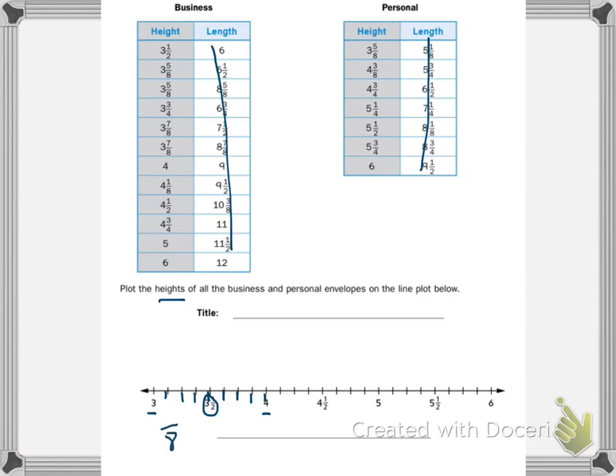I don't know if I can write small enough. We'll do it like this. All right, so this would be 3 1/8, 3 2/8, 3 3/8, 3 4/8.